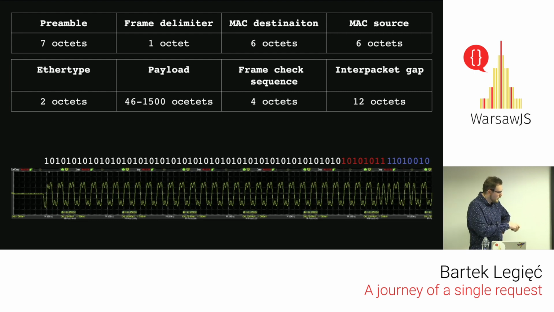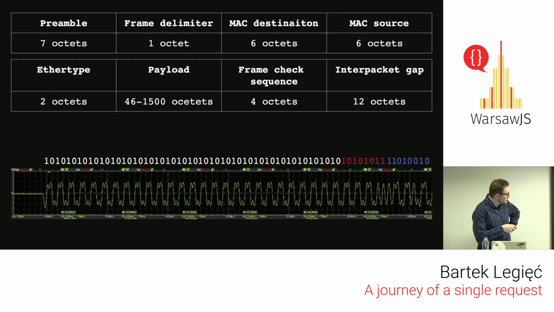At the beginning you can see that we have a straight line. So it's like a time of silence to give the other computer time to know that there's no data being sent right now, so we're waiting for data.